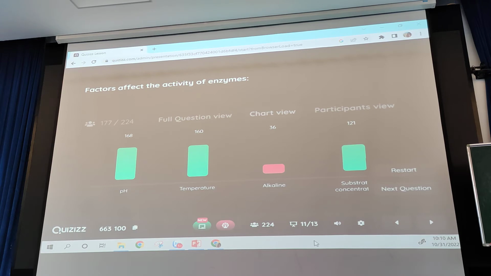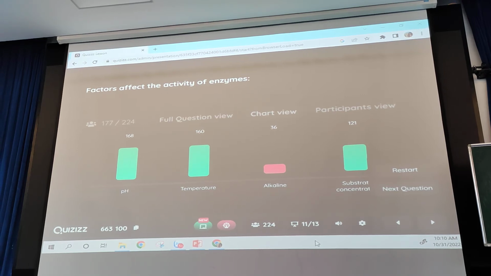And for alkalis, that is not quite precise in this case. Alkalis are just a part of the pH, you know. Alkalis means bases, and acidic means the pH is quite low, right?